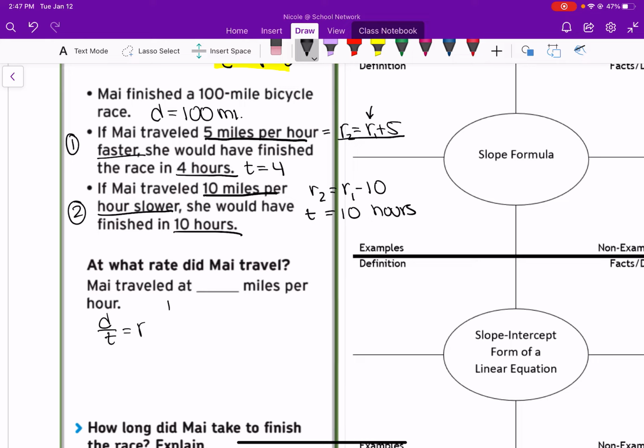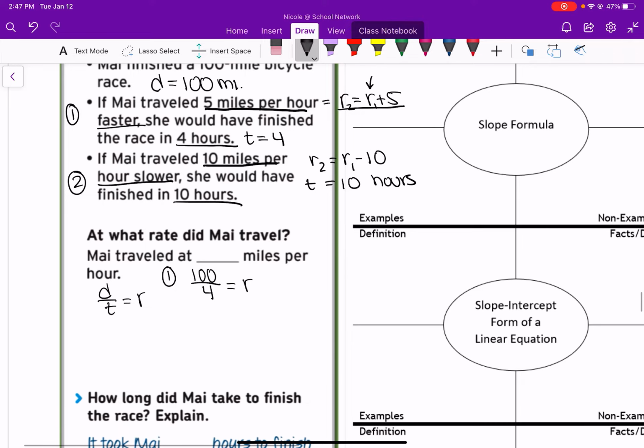So scenario 1, distance over time is 100 over the time, when T is equal to 4. Our R is what? Here, this 100 over 4 is equal to 25. So I'm going to just go ahead and put 25. 100 divided by 4 is 25.